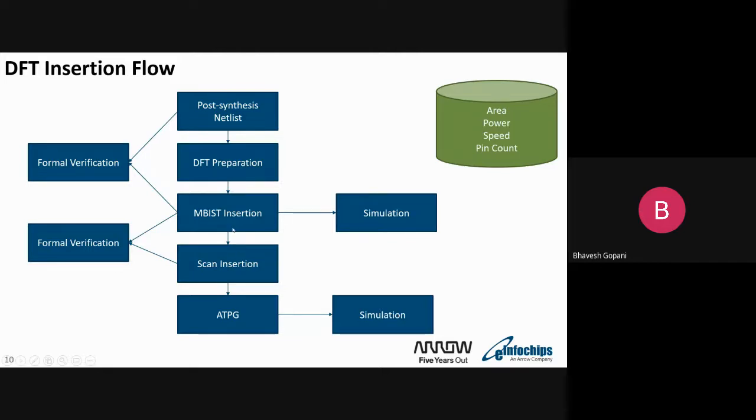Once M-based insertion is done, we need to do the verification as well at this stage for the M-based patterns, M-based vectors. Now, during the optimization and insertion in those stages, like when we are doing post synthesis to M-based, we need to do the equivalence check, formal verifications.